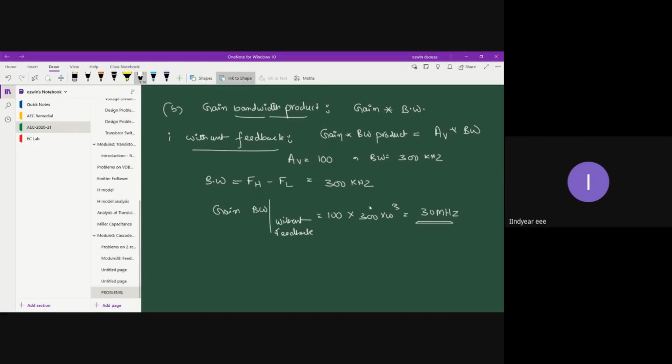Why am I writing megahertz? Because the voltage gain is unitless, but the bandwidth has a unit, right? Hertz. So that's the reason the gain bandwidth product is being given with Hertz unit. Okay. Next, let us take up with feedback.